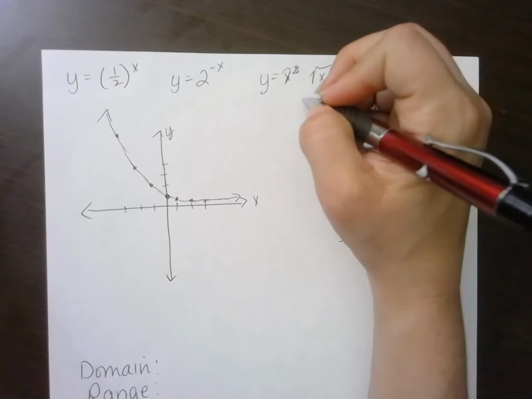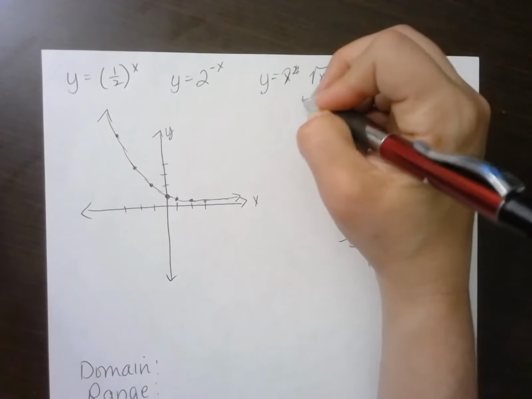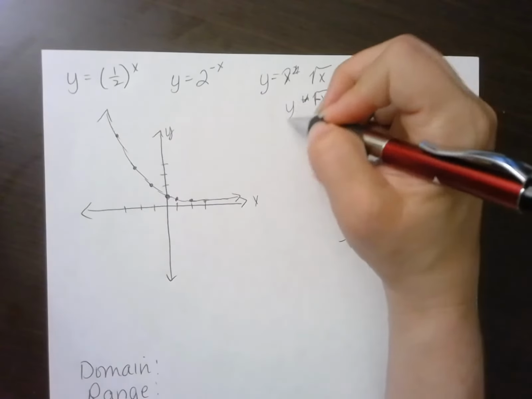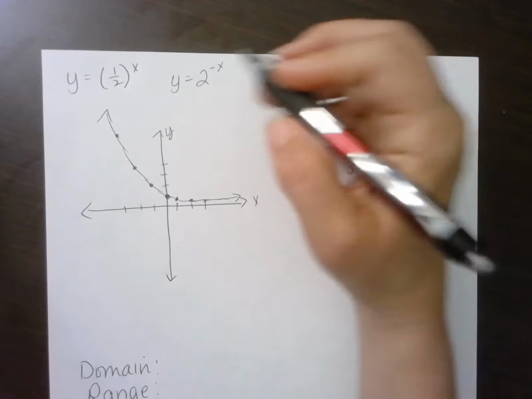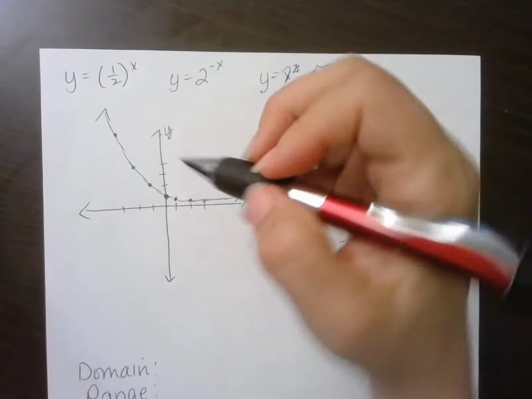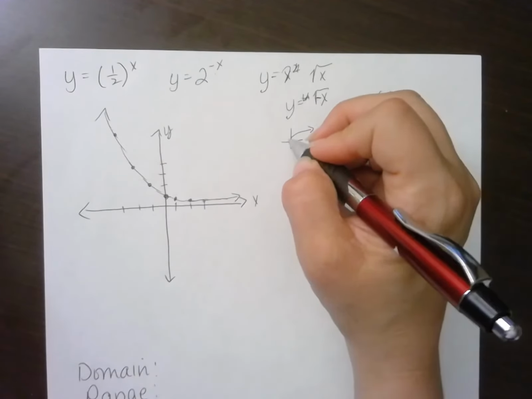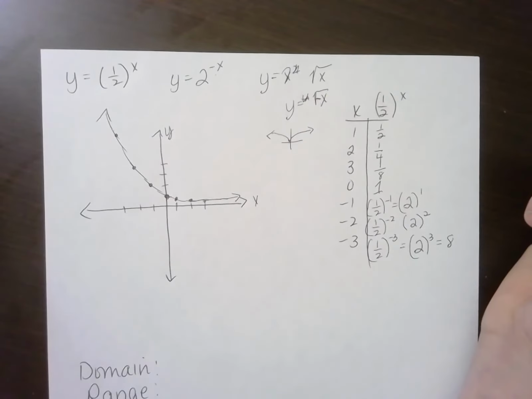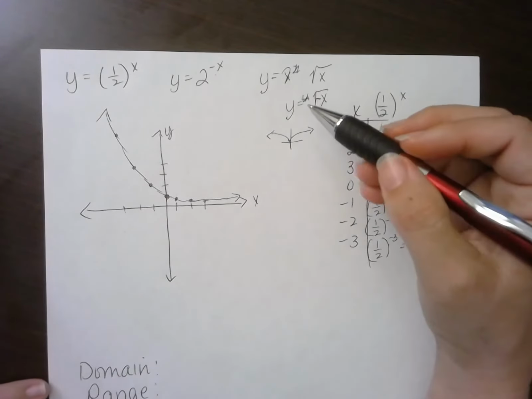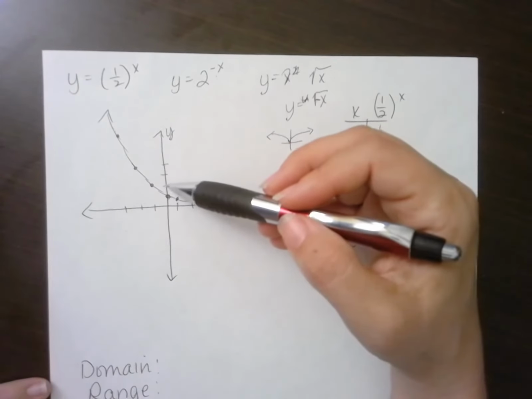If I put in negative square root of x, actually I'm not doing very well right now. So if I have y equals, and I have the minus sign underneath here, like it is with this x here, then my graph, which looked like this, now does this, if you recall back when we were doing graphing transformations.